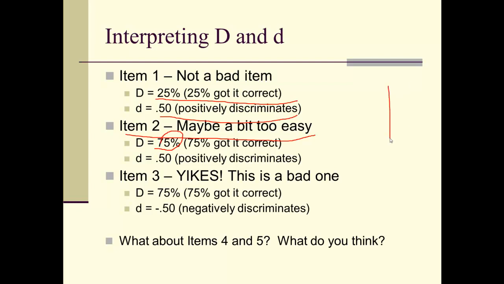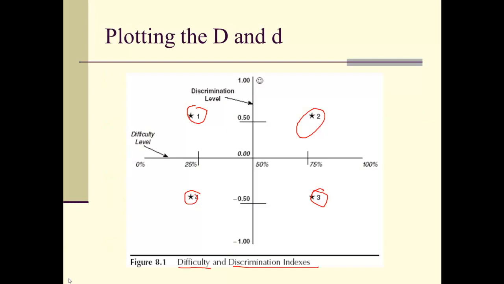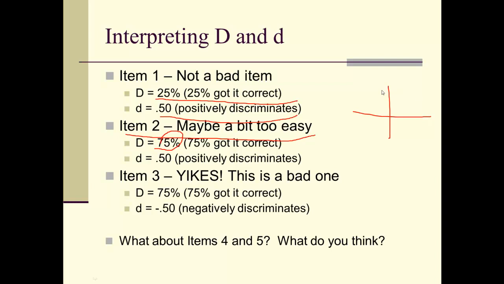Remember? Let me go back here real quick and see where our numbers were. Okay. So 1 was right here. 2 was right here. There's 3. There's 4. Alright, so here we got 75% of the people got the thing right. So maybe it doesn't discriminate.